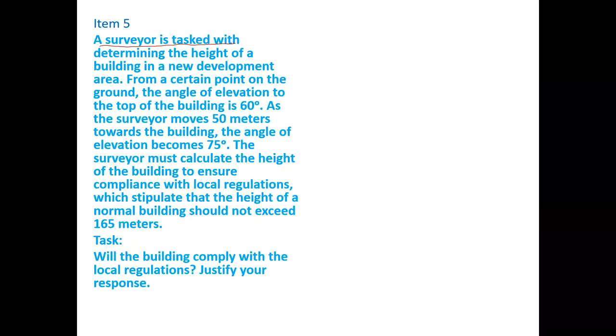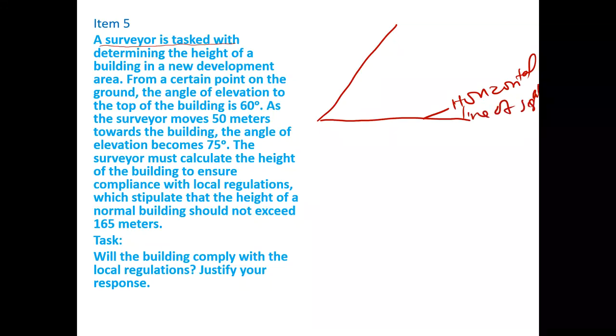Justify your response. Now here, whenever we are looking at angle of elevation and angle of depression, the angle of elevation is an angle formed by the horizontal line of sight and the observer's line of sight. This is the horizontal line of sight.